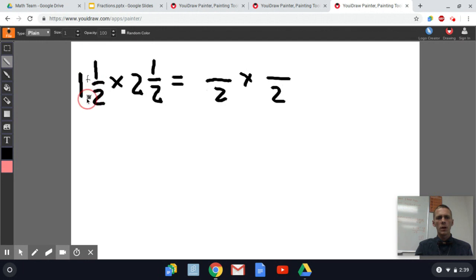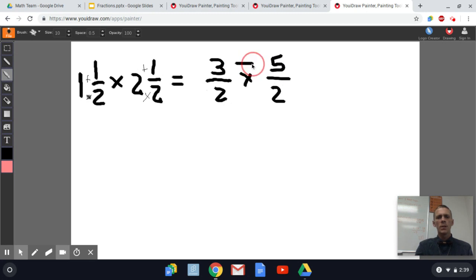So multiply and then add. 2 times 1 is 2, plus 1 is 3. So let's get our 3 here. We have 2 times 2, which is 4, plus 1, which is 5. So that's going to go up here. So we have 5 over 2.